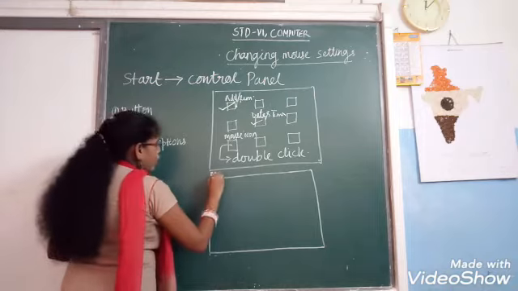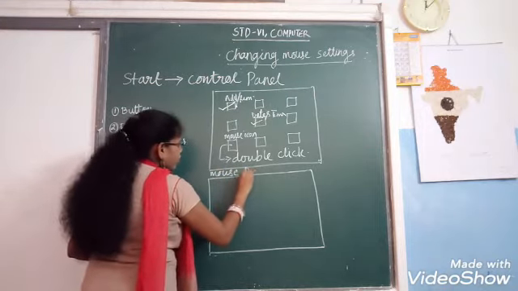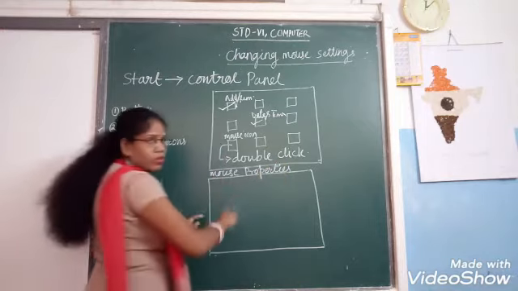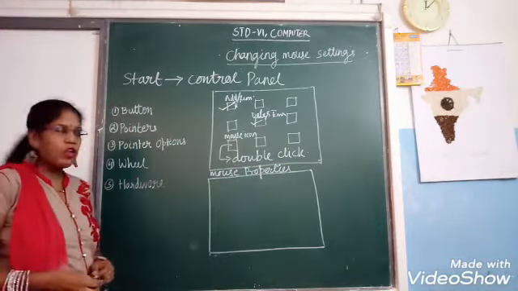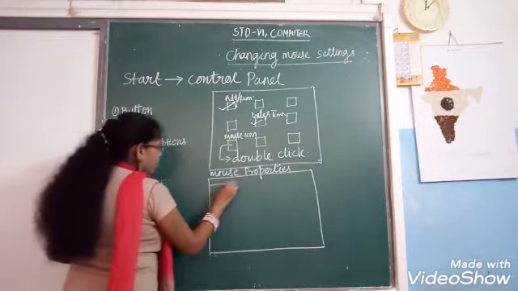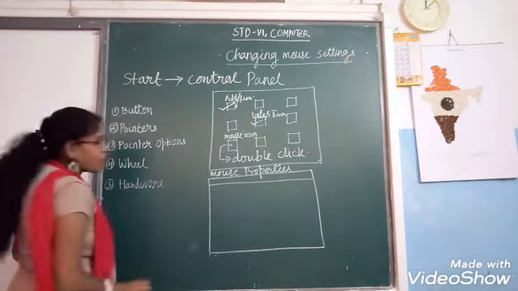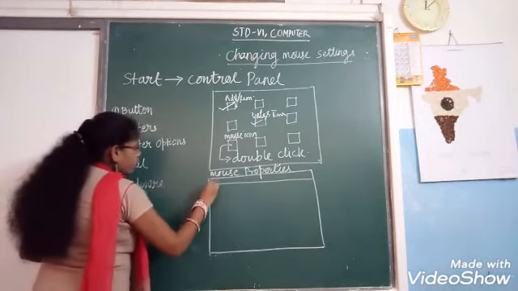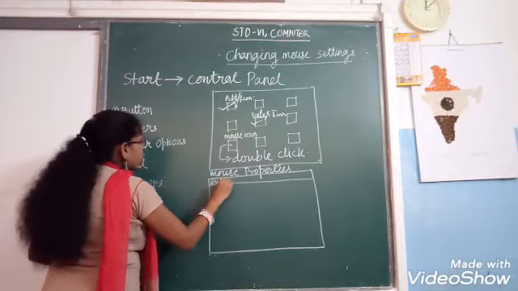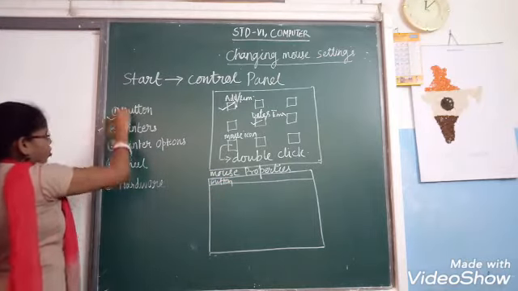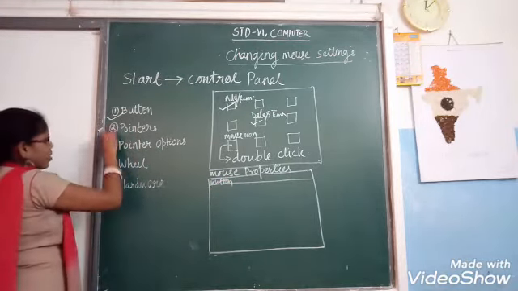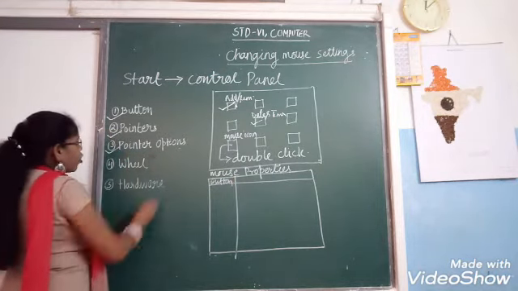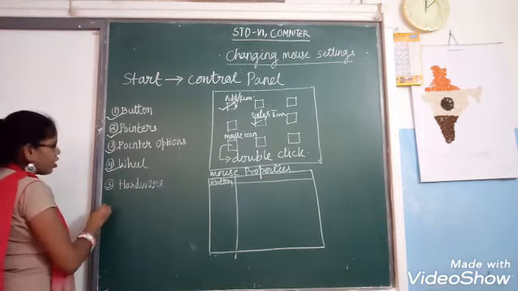The mouse properties window will open. And here you will see how many options? There are 5 options displayed. From here, one option is your button tab. The next one will be your pointer. Then the third one will be your pointer options. The fourth one will be your wheel.